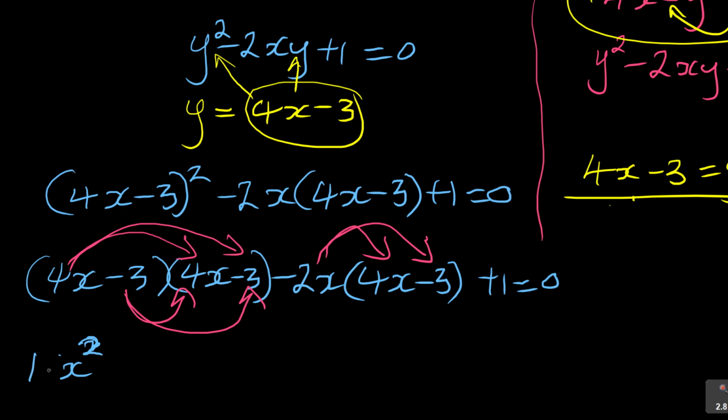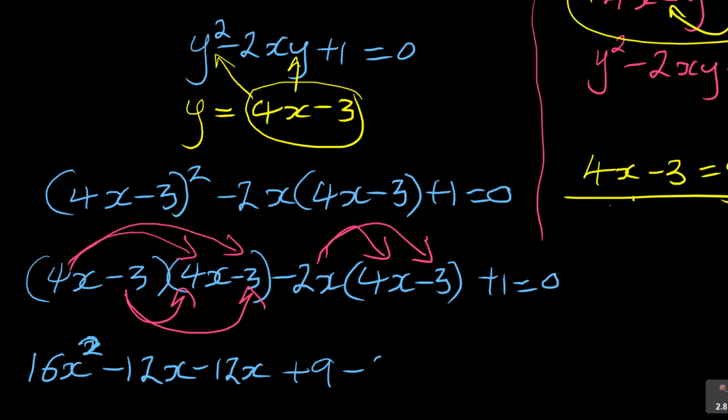So this is 16x squared, then 4 times that is minus 12x. This time this is minus 12x. Are you getting it, guys? Minus 3 times minus 3, some are going to say plus 6. Did I catch you? If you're seeing it, then you're good. But if you don't see it, please rely on your calculator. It's 9. 3 times 3 is 9, not 6.